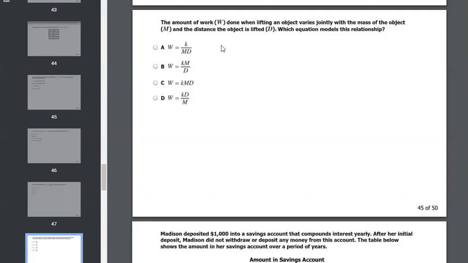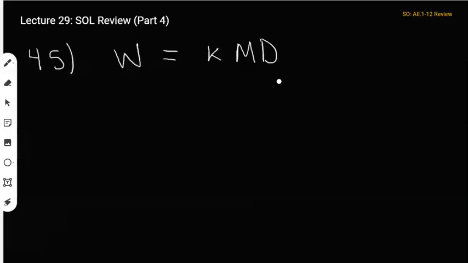Which equation models this relationship? The only one that matches up is going to be C. W equals KMD. And when you're multiplying everything together and you have 2 or more variables, that is called joint variation.